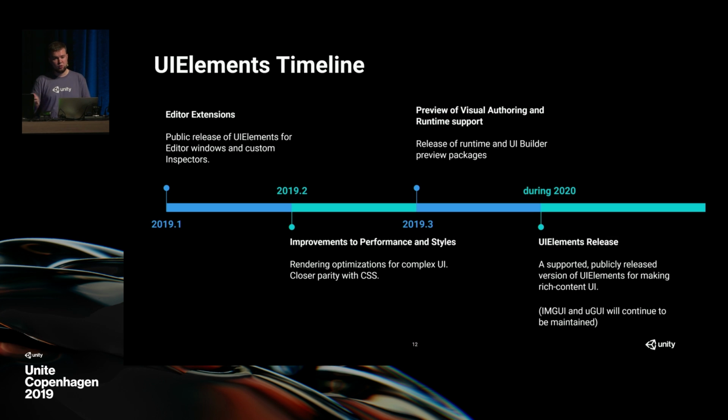Now in 2019.3, which is coming pretty soon, we will release the preview package for the runtime, that panel renderer component. So you can start playing with UI at runtime, and also the preview package for the UI Builder itself. And finally, during 2020, we plan to release UIElements as a whole for production use, so not preview, so you can start building UI with UIElements.